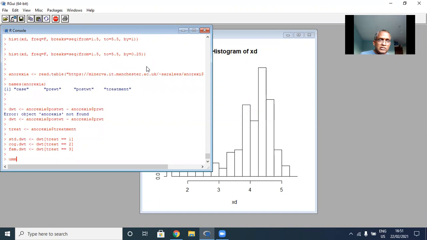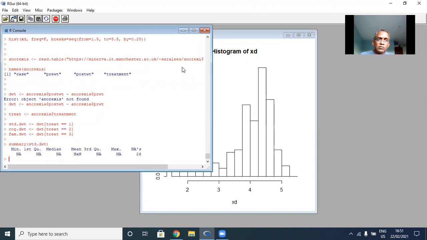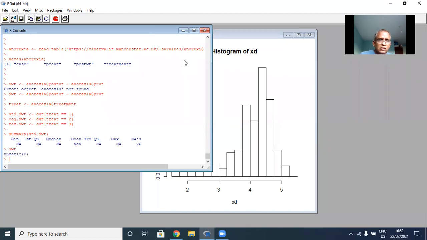Then I will do the summary statistic for each of these. The summary statistics for the standard treatment is, oh, what did I do? Excuse me, I think I must have made a mistake here. DWT. What did I do? Anorexia pros.